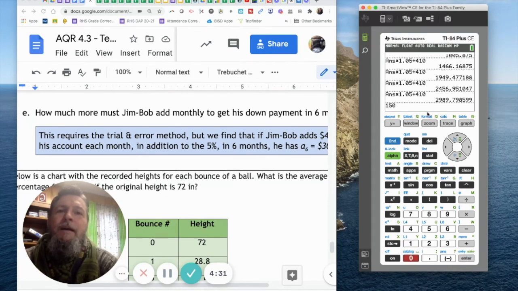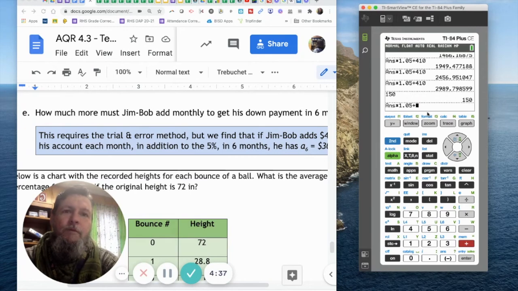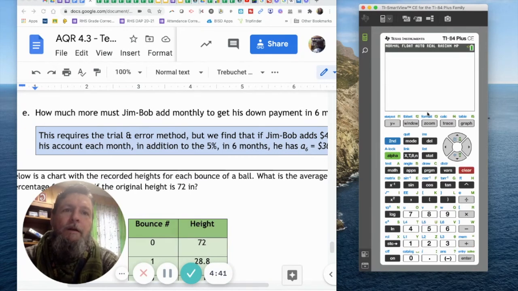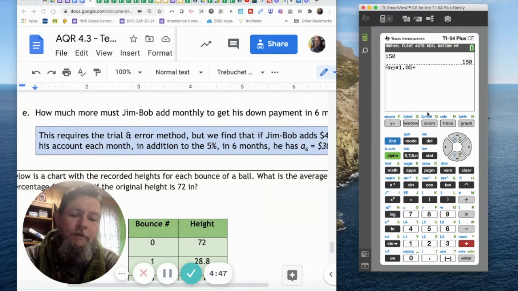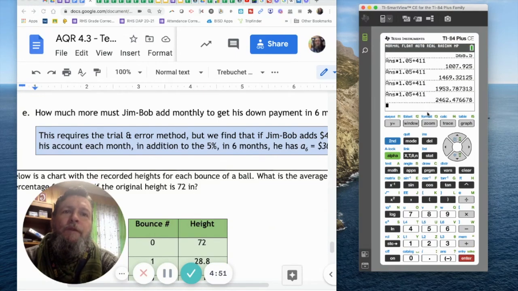So I'm going to try $11, which is what I did, times 1.05 plus $411. Not 500, 400. Let's try this again. Times 1.05 plus $411. 1, 2, 3, 4, 5, 6.